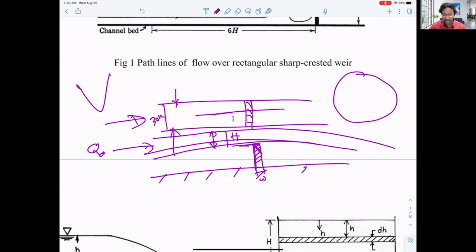So we'll do that in the next experiment. What we are doing here is that we started from the Venturi meter. These are all applications of Bernoulli's theorem. Basically, we are applying Bernoulli's theorem to develop flow measuring devices, and we are testing which device is best, right?